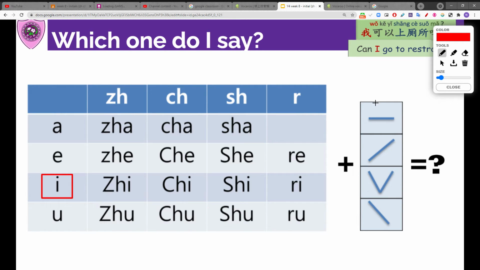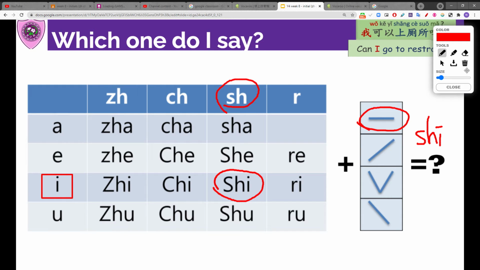Next one. Which one is the pinyin of 诗? The answer is this one, because this is the same as the initial itself, shi, and this is also shi. Which tone is that? It's the first tone. So the answer should be like this.